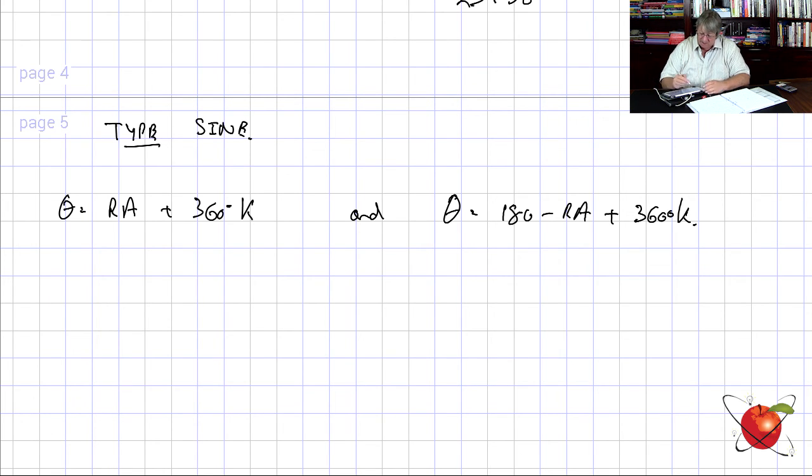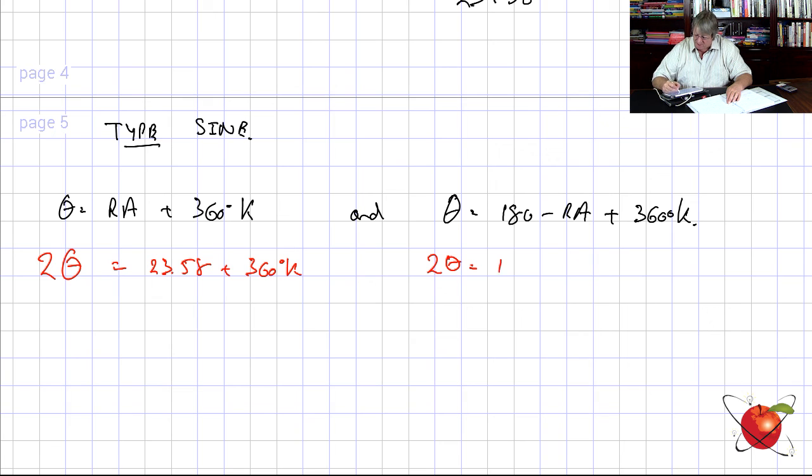It's going to be, therefore, 2 theta is equal to 23.58 plus 360 degrees K. 2 theta is going to be 180 degrees minus 23.58 degrees plus 360 degrees K.